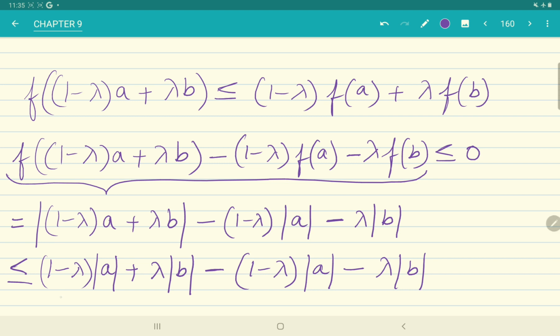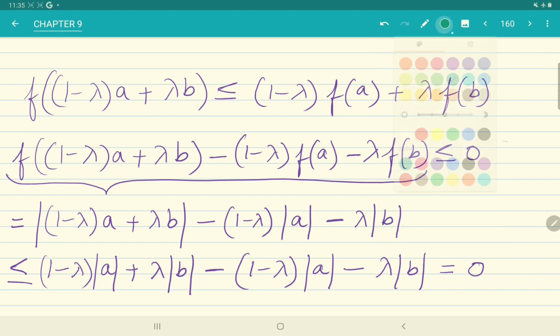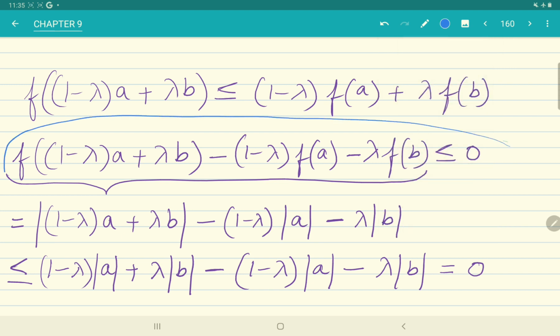And if we pay close attention to this expression, this is 0. And that just means we have proved this. This is proved now.